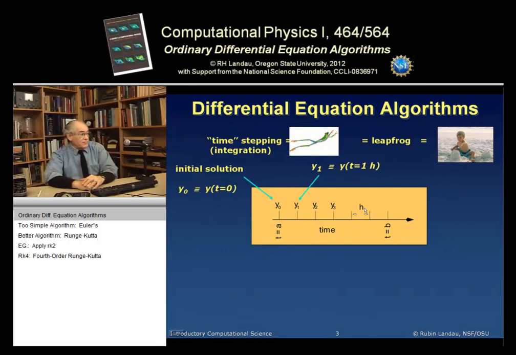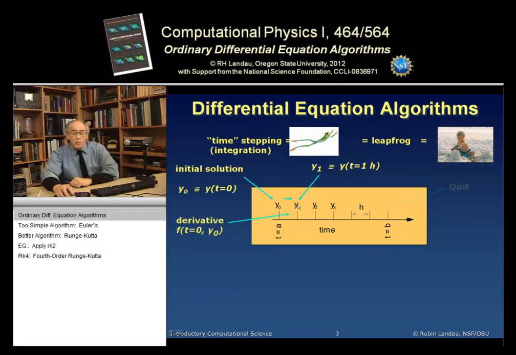Well, if the world changes day by day, then some small fraction of a day is a small number. If you're talking about a proton zipping by another proton, that only takes 10 to the minus 23rd of a second, so it has to be a small number compared to that. So whatever sets the time scale of your problem, we need a small number. And we need to get then, by being clever and using some mathematics, from the initial time to the next time. So we move forward one step at a time.